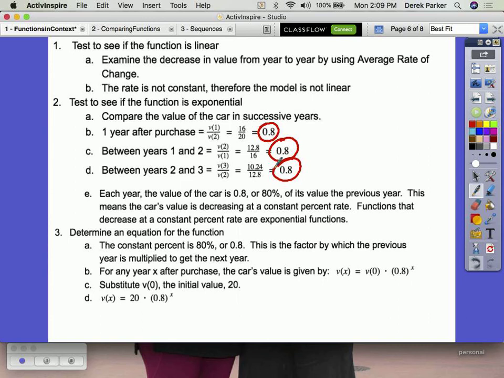Substitute V0, the initial value, 20. V of x equals 20 times 0.8 to the x power, x representing the year. Again, 20 was the initial value, 0.8 is the exponential rate of change, x being the year.